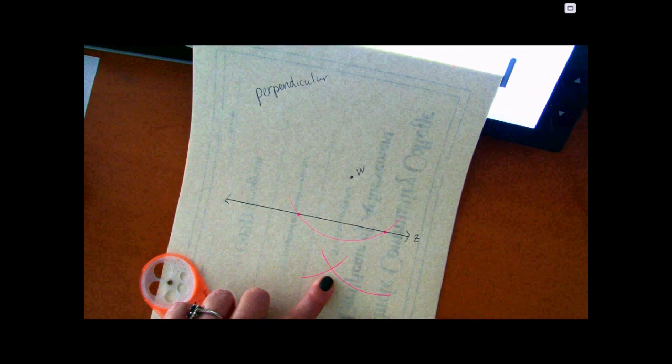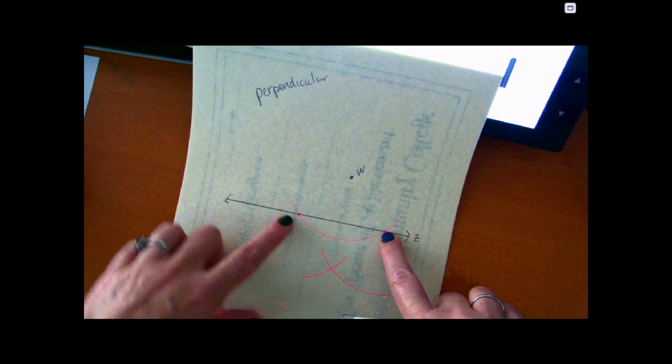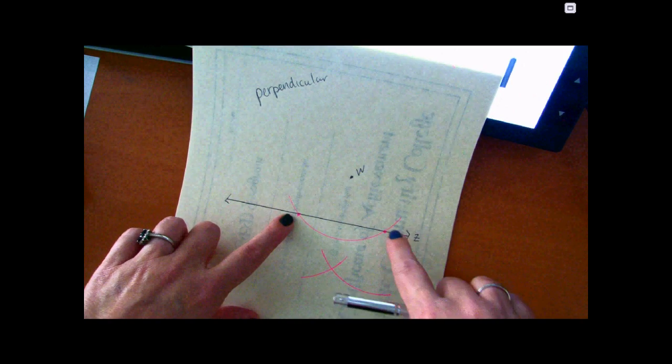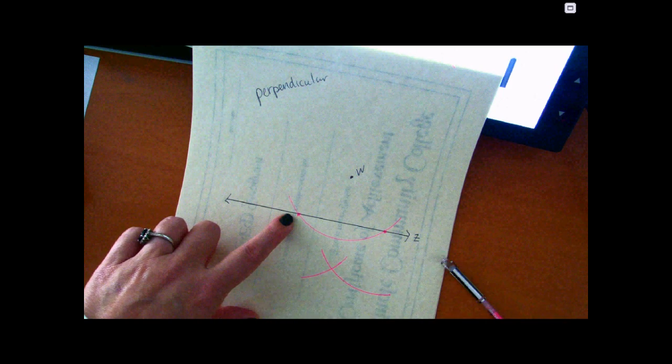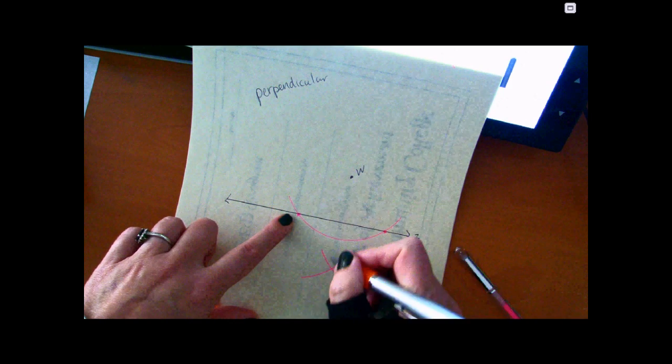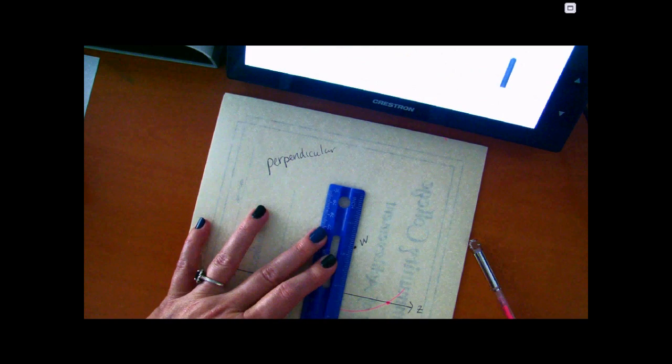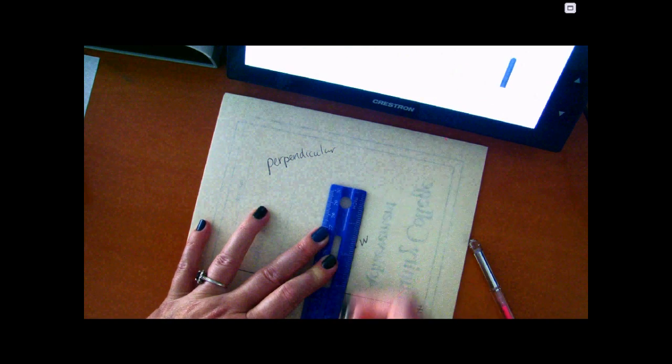And I have the X where they crossed. Oh, you guys can't see that, sorry. I have the X where they crossed. Again, I used the same distance from here to here as here to here. And I put a dot on that. Bring in my ruler. And I know that that's perpendicular. Not too terrible?